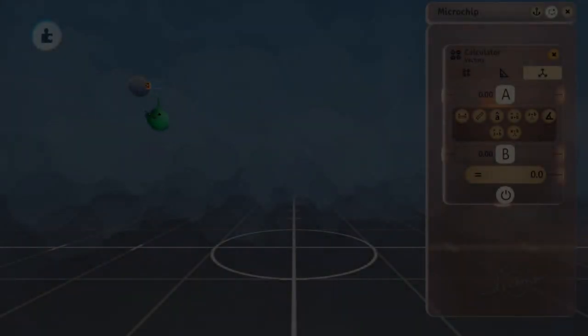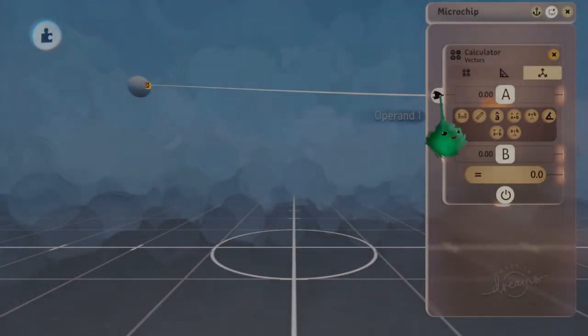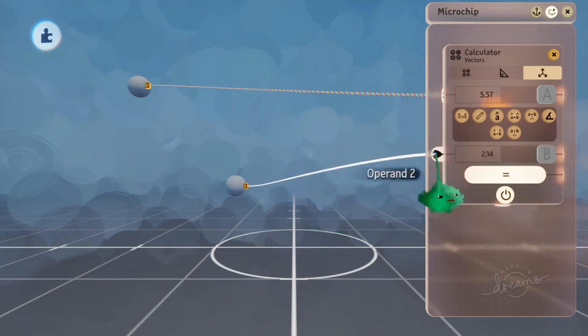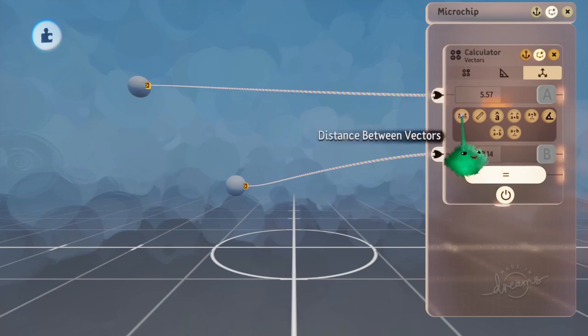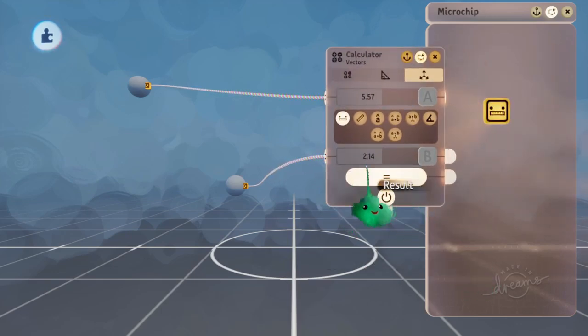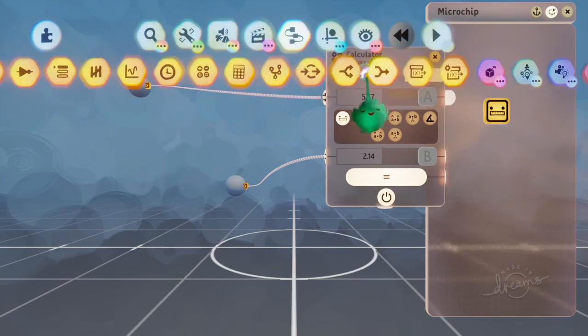So if we have this position and we wire it into the first operand, and we have another position and we wire that into the second operand, and we put this into distance between vectors mode, then this sends out the distance between those two positions, those two vectors.